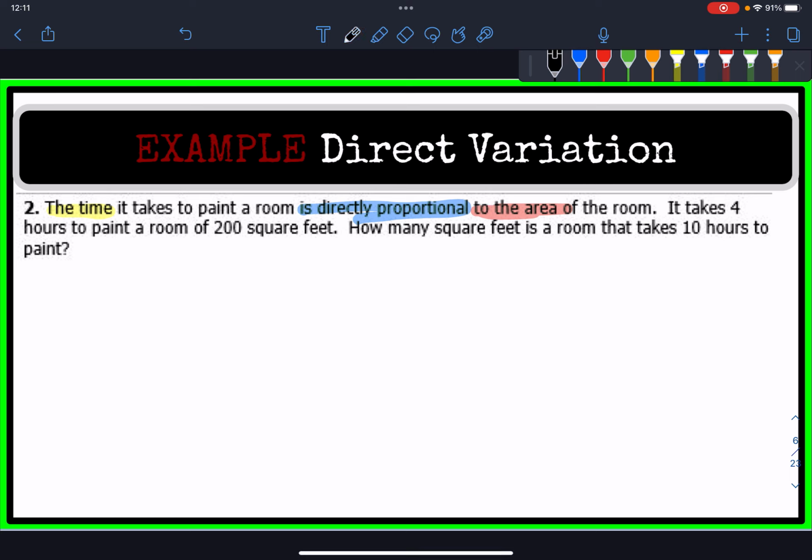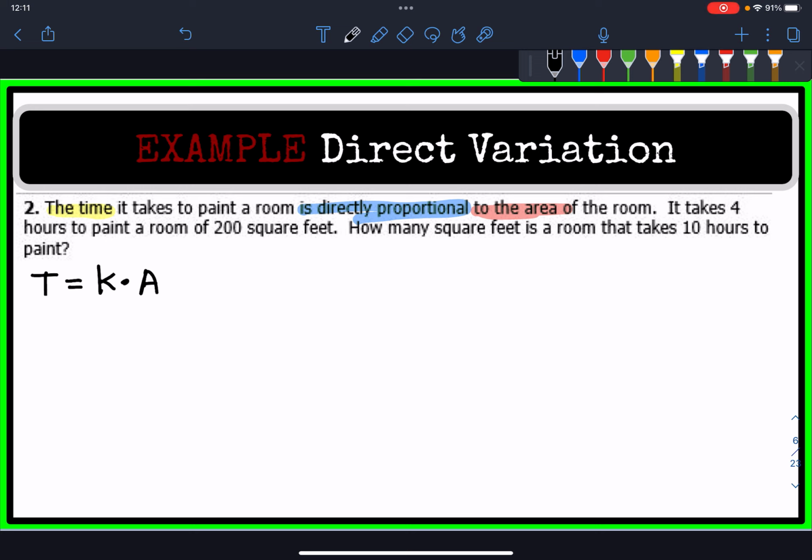So that means that since it's directly proportional, y equals k times x. But for y, let's use the letter T for time, and for x, let's use A for area, so that it's more relatable to this scenario.